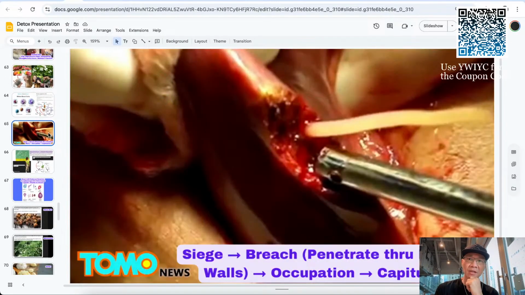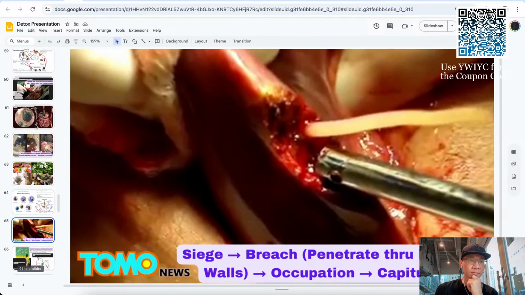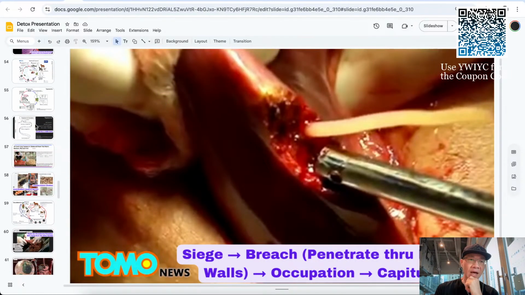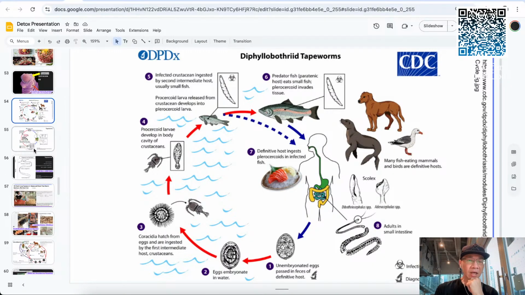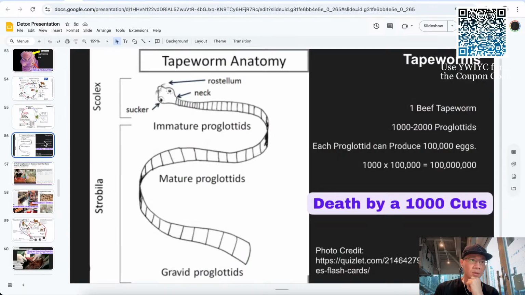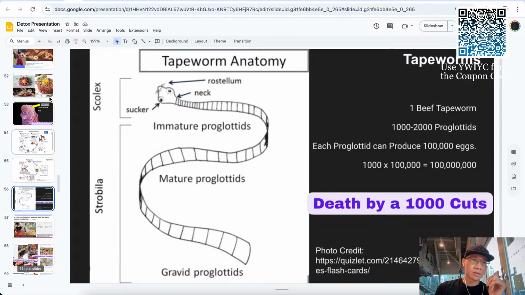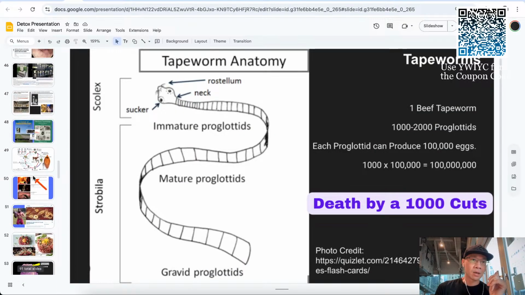Sometimes they can even end up in your liver. A lot of people don't know that. So you guys go study about these life cycles, right? I spent many years going down this path, and I'm still learning, still absorbing.